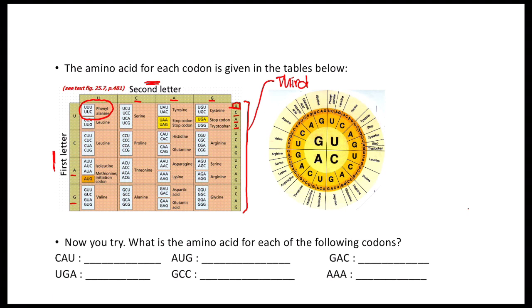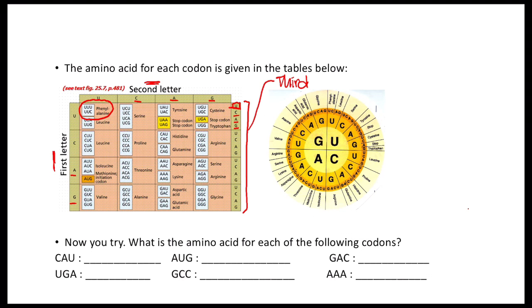This is because remember that there are 64 possible codes and only 20 amino acids. So we will have repeats. There will be 1 to 4 possible repeats for each amino acid. Whatever your codon is, you're able to figure out what amino acid is listed using one of these two charts.